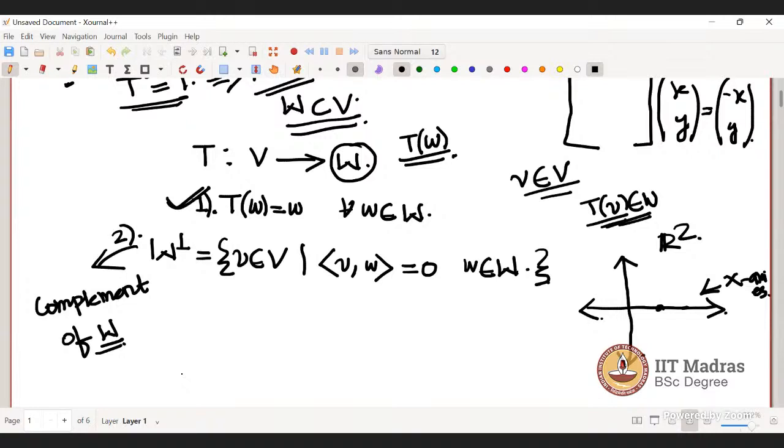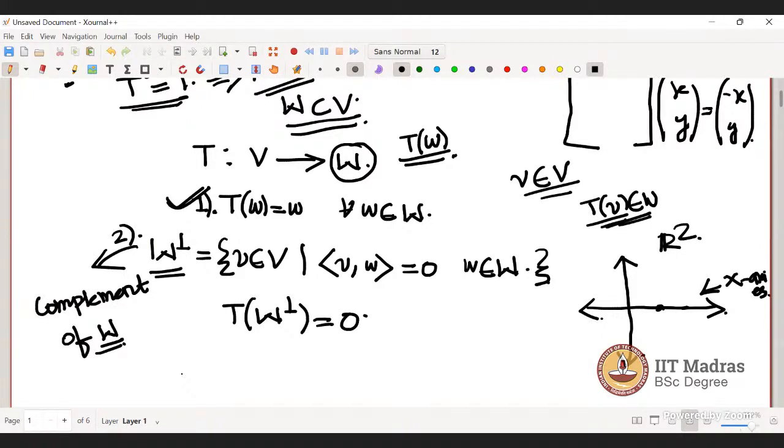So I'll do a complete example. So what is basically going on here? W perp is basically the orthogonal complement of W, and the image of T of W perp is 0.